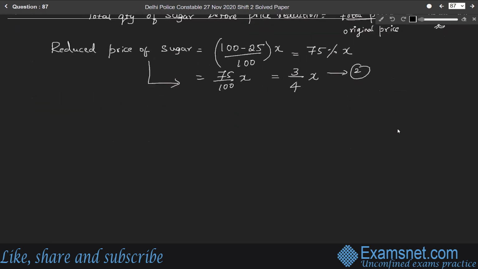So the next part is, what is the increased quantity of sugar? Because of the reduced price of sugar, there is an increase in the quantity of sugar. So the increased quantity of sugar is equal to the total price divided by the reduced price.